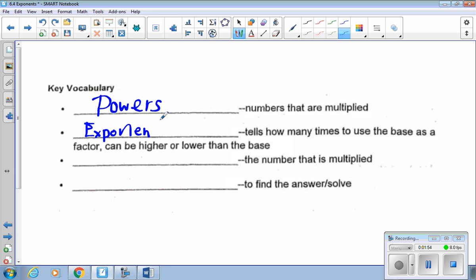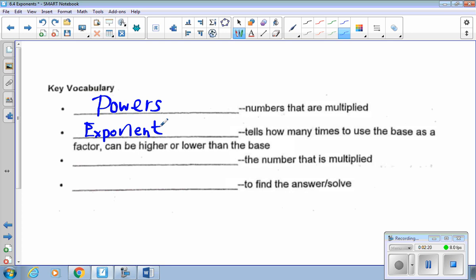So if your base is 5 and your exponent is 12, that is okay. That means you need to multiply 5 by itself 12 times. Because it's telling you how many times to multiply the base by itself, it doesn't matter how much bigger or how much smaller the exponent is than the base.